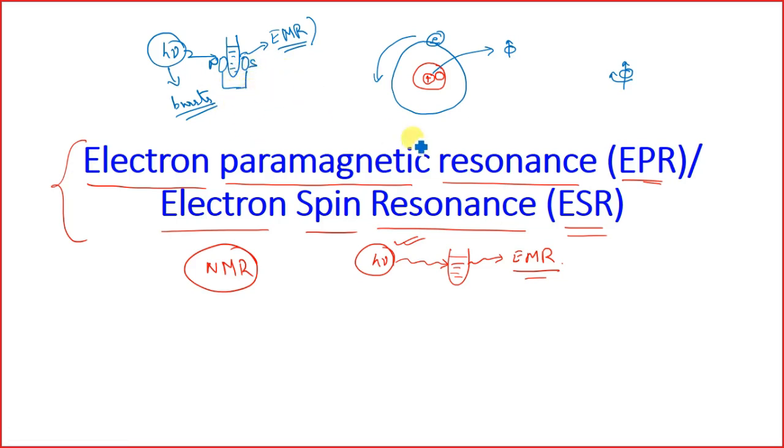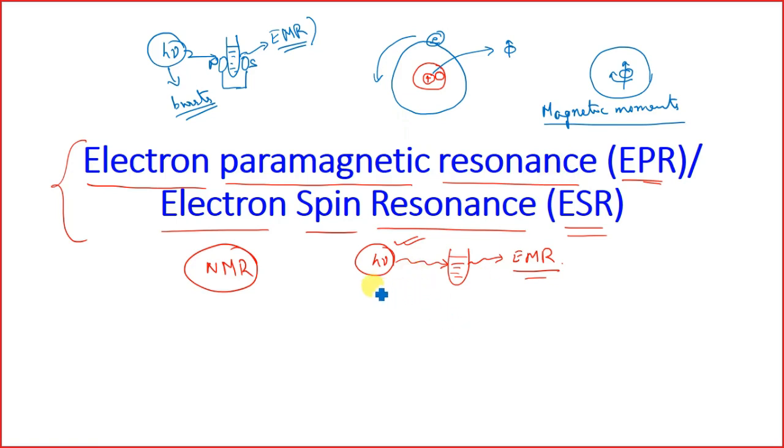Similar to this, in EPR or ESR spectroscopy, we talk about the movement of the electrons and the magnetic field or magnetic moments which are generated due to the movement of the electrons, either on their axis or on the orbital.